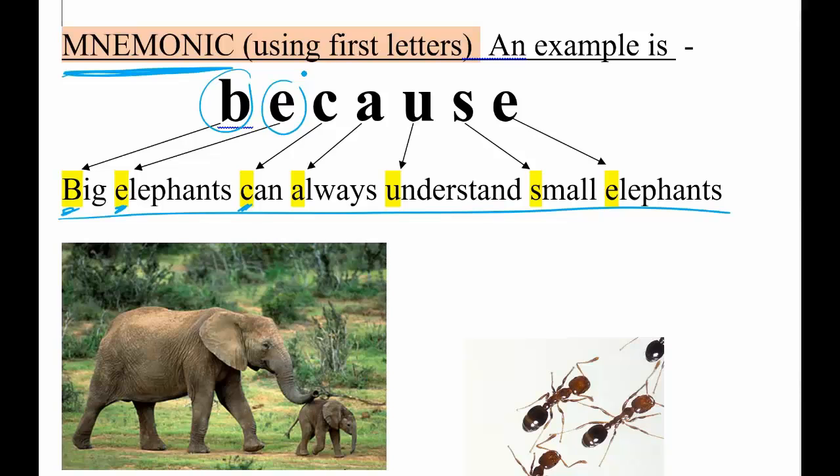It's quite difficult to break it into other strategies. However, we can create a mnemonic for it. B stands for big, E stands for elephants, C stands for can, and so forth. And we've made up a little rhyme. Big elephants can always understand small elephants.